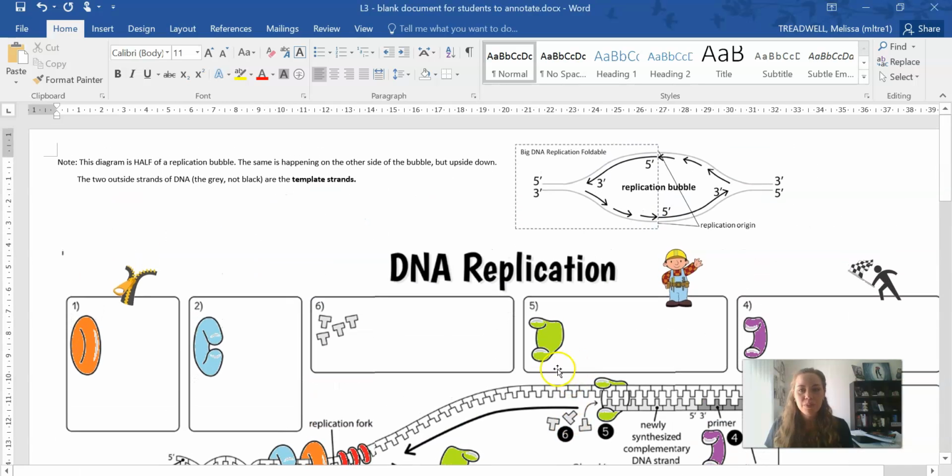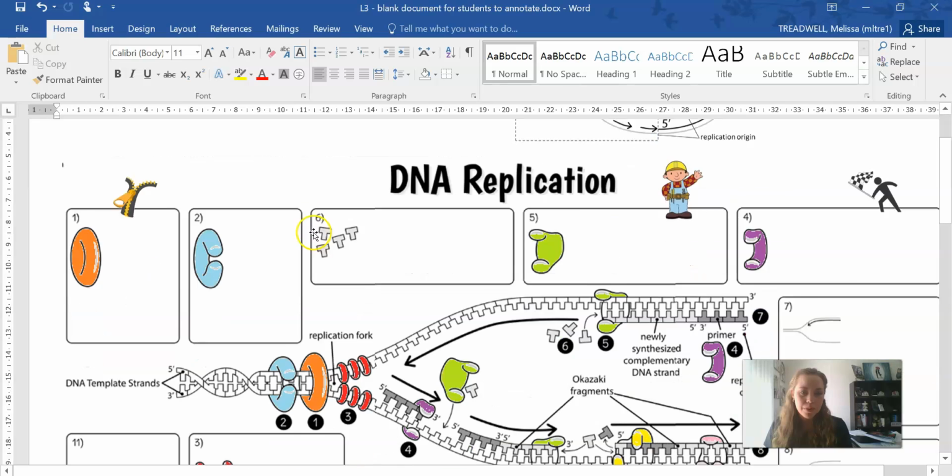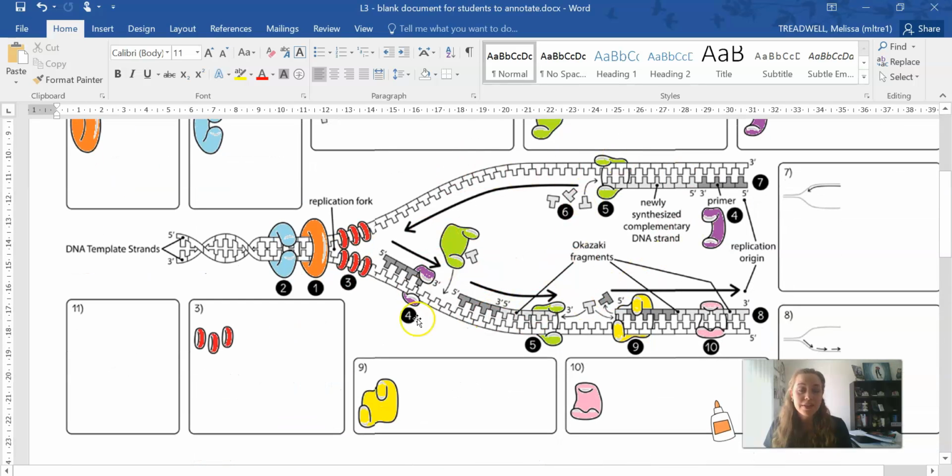With this worksheet, I'll just point out this little section at the top. So it says, note this diagram is half a replication bubble. So this diagram down here is half a replication bubble. Most textbooks will just show you this picture, and so did the diagram on the Amoeba Sisters video.